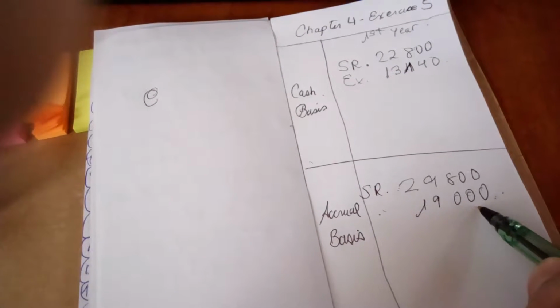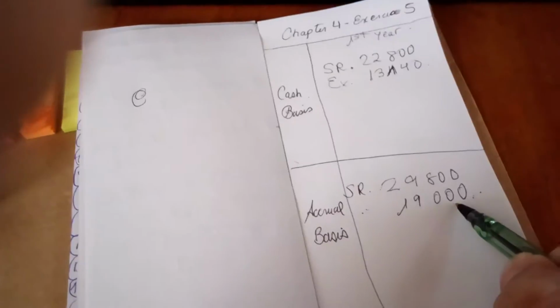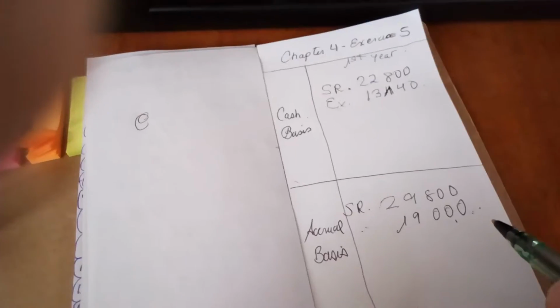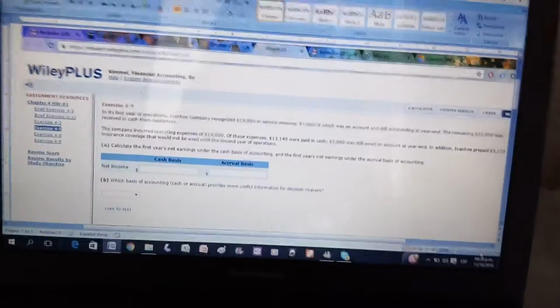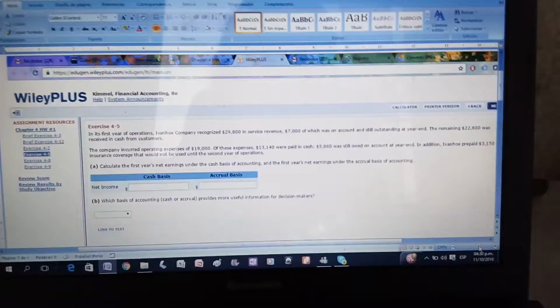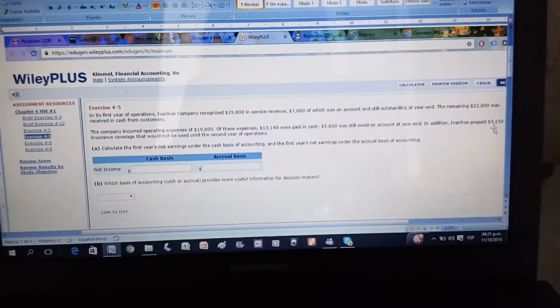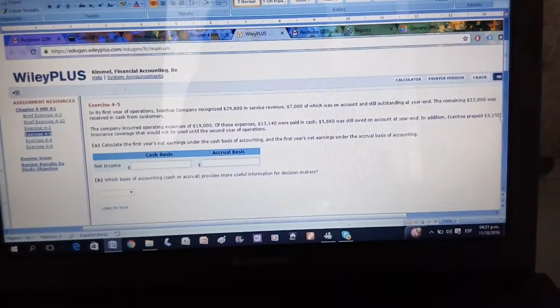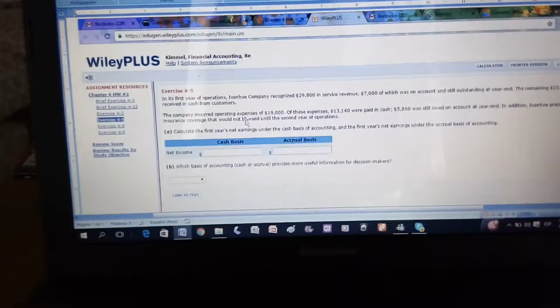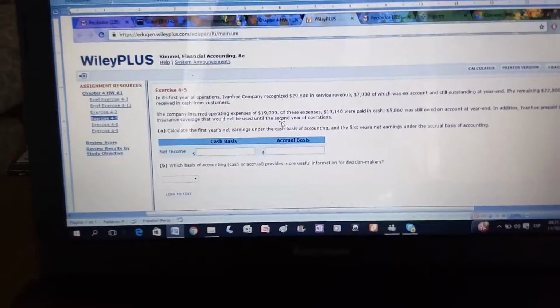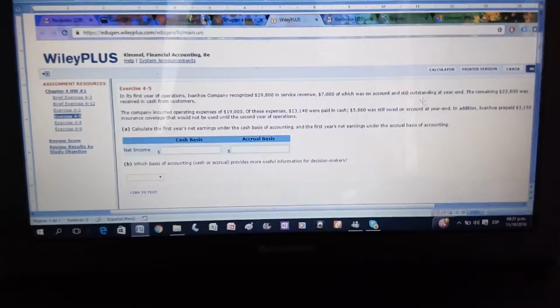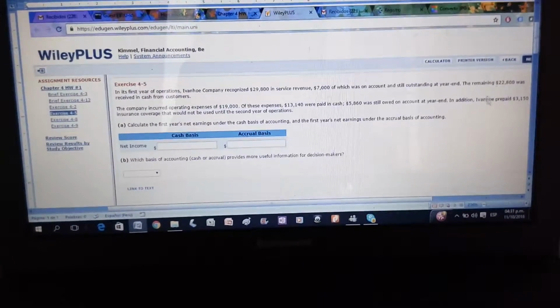So then we have the other amount, the prepaid insurance, which was 3,150. But this insurance was covered and will not be used until the second year, but cash was used in this year.